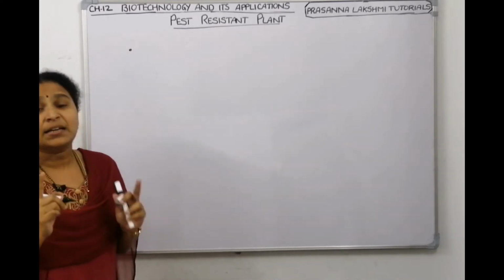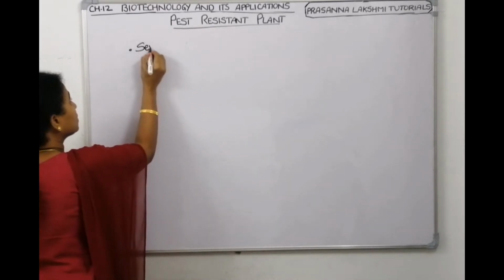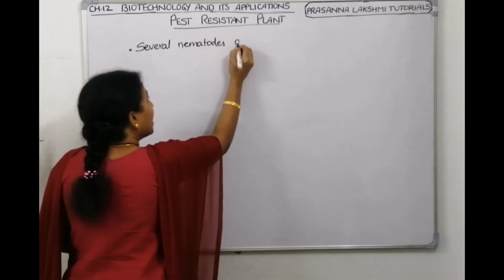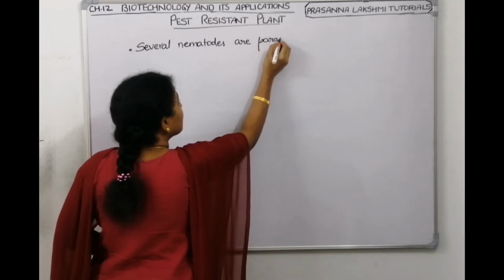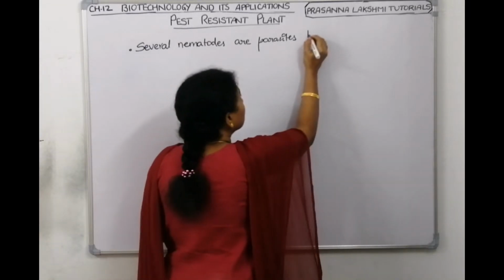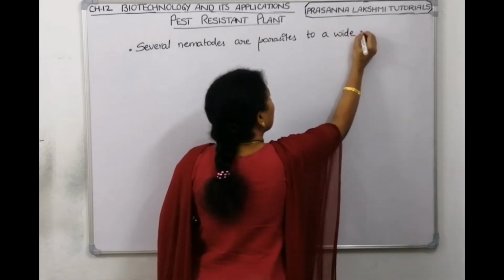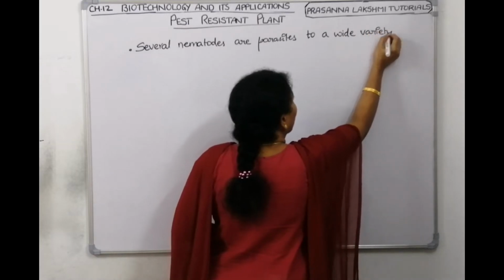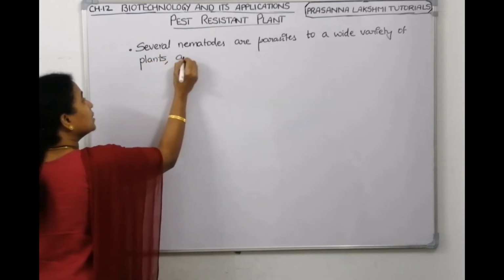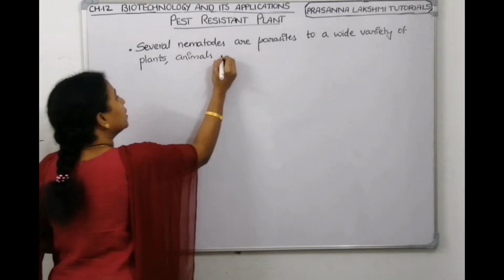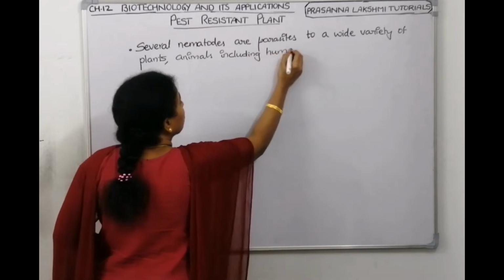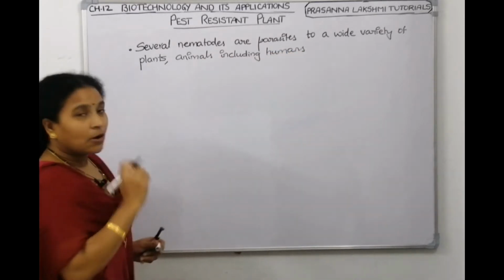The NCERT says several nematodes are parasites, means they cause diseases to a wide variety of organisms. They can cause diseases to plants, and to animals, including humans also.